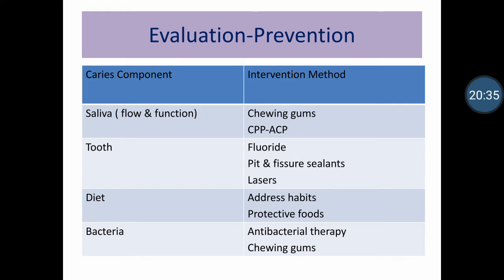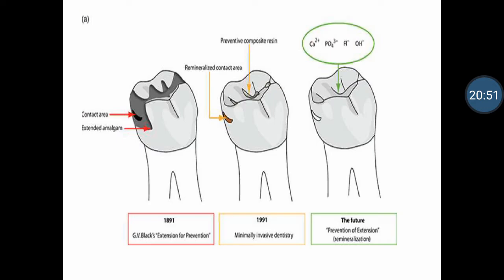As it is resistant, there is no production of acids and thereby preventing the caries. So, this tabular column cuts short the typical caries component and its intervention method, for better understanding of the entire topic of caries prevention.